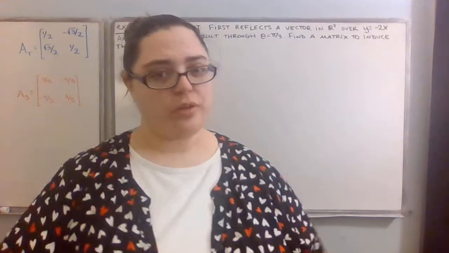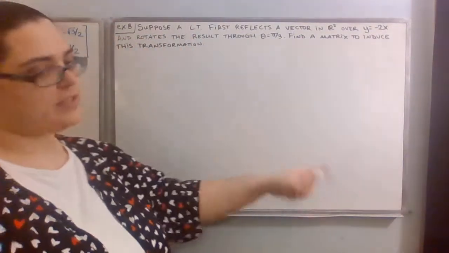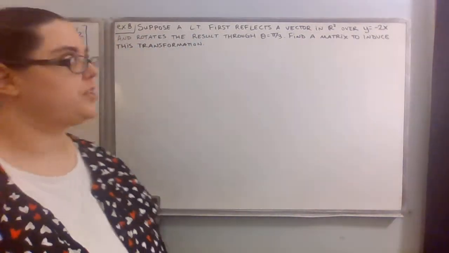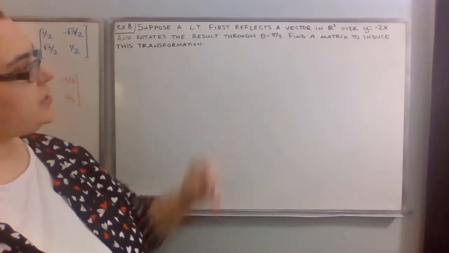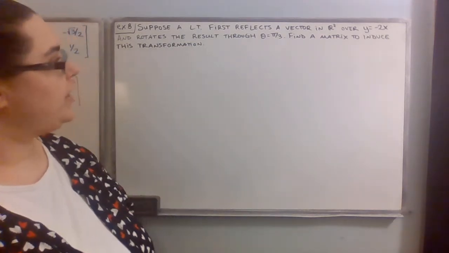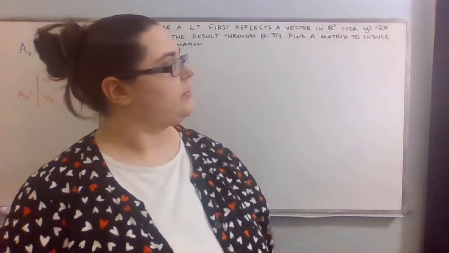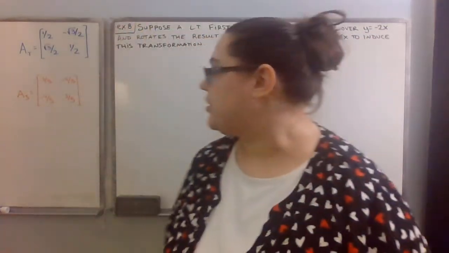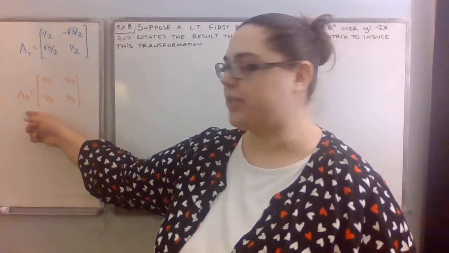Let's work through what this transformation does and see if we can come up with a matrix to induce it. First, it takes a vector in R2, which I'll call xy, and reflects it over negative 2x. That was this matrix here.